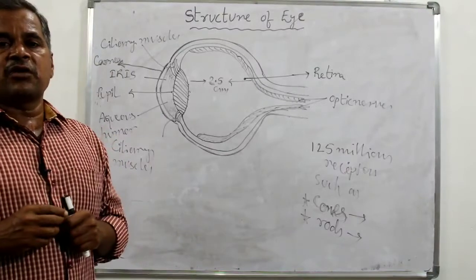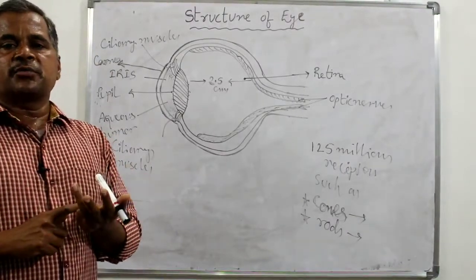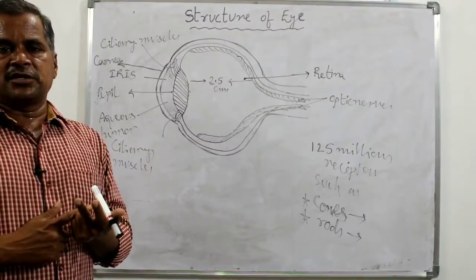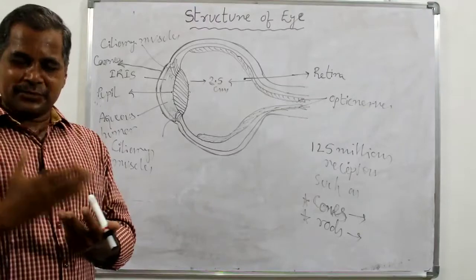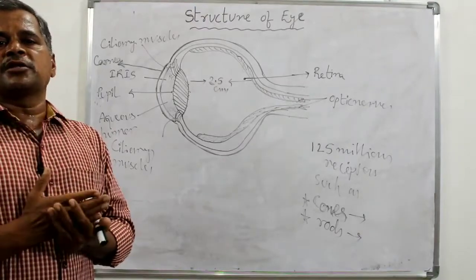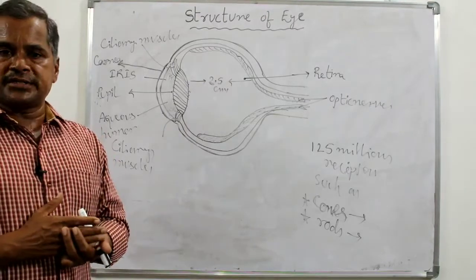What is the minimum focal length of the eye lens? Now we are going to discuss the maximum and minimum focal length of the eye lens. The adjustment of the focal length of the eye lens by the help of ciliary muscles is called accommodation.